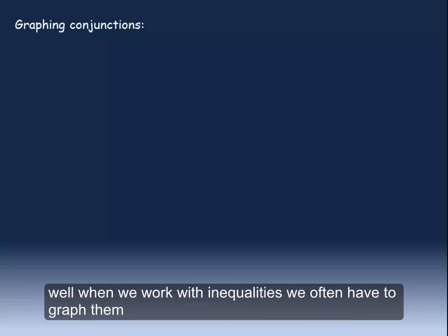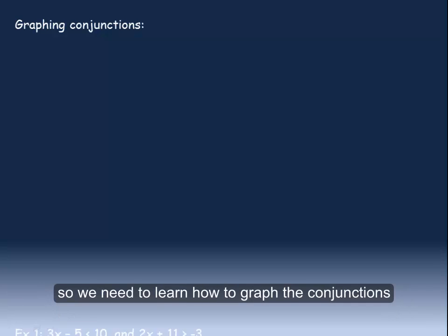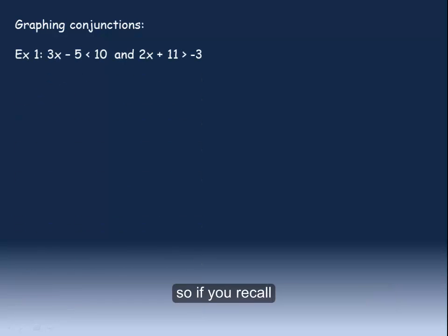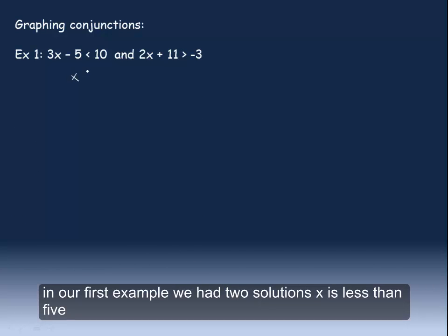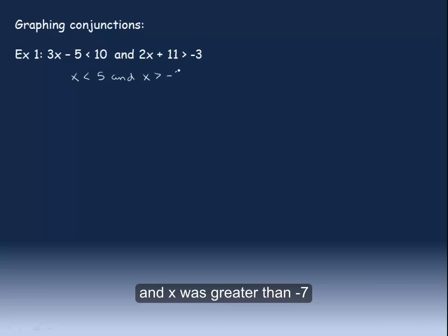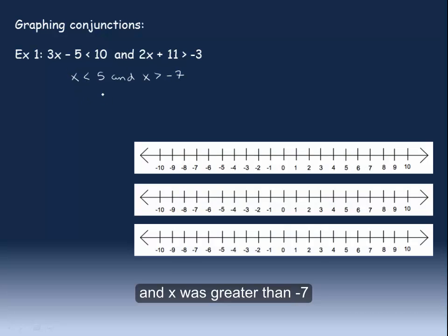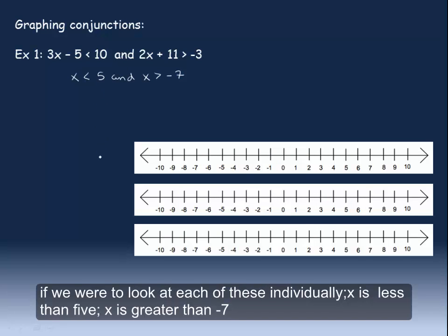Well, when we work with inequalities, we often have to graph them. So we need to learn how to graph the conjunctions. If you recall, in our first example, we had two solutions. x is less than 5 and x was greater than -7. If we were to look at each of these individually, x is less than 5, x is greater than -7.